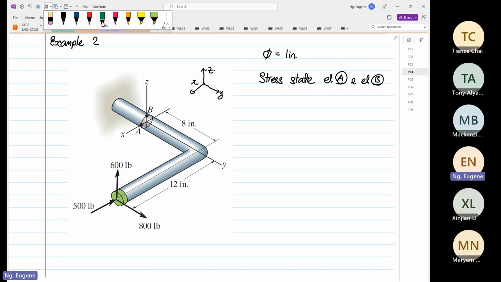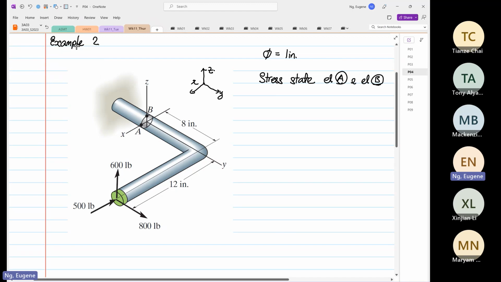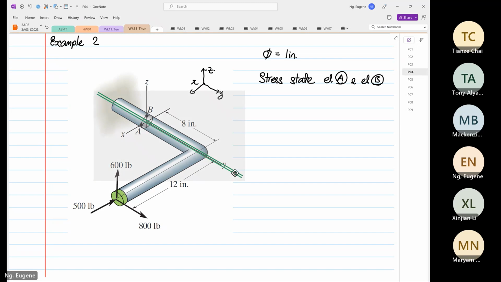We first draw the centroid relative to the element of interest. So this is where the centroid is. Right? So this over here is our centroid.